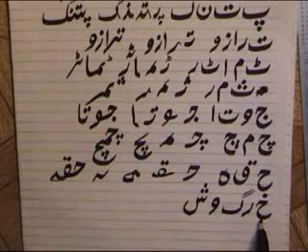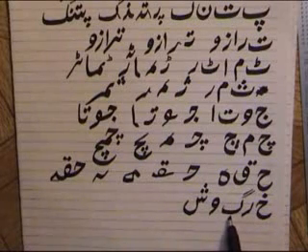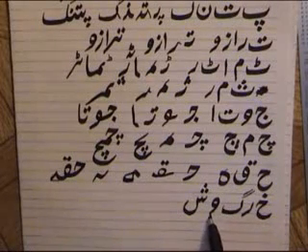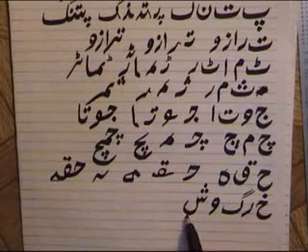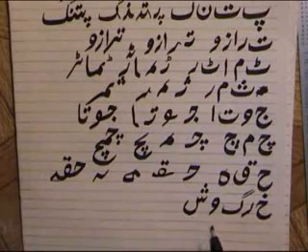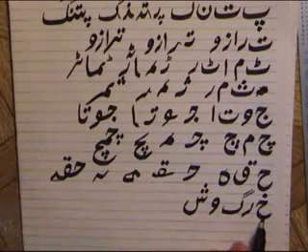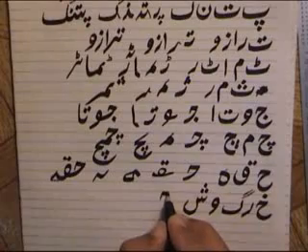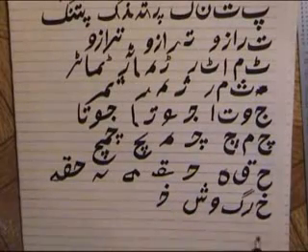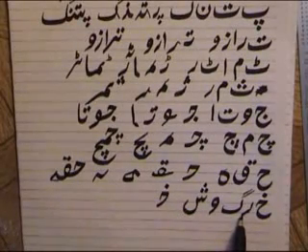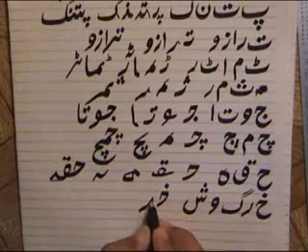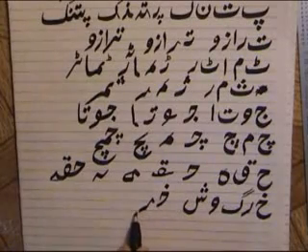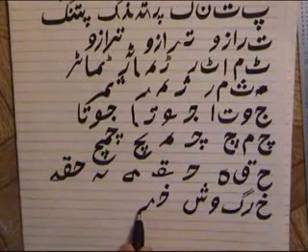Now khe is connector, re is non-connector, gaf is connector, waw is non-connector, and sheen is connector. So khe is connector, it will assume initial position. Re is non-connector, so it will assume final position, re. So we cannot connect any letter after re, so there is a break.